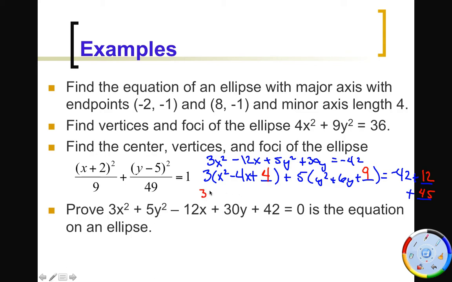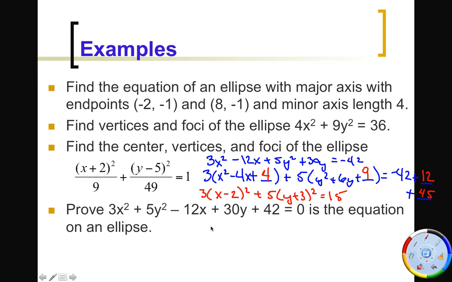Then I can do a little factoring. Simplify this. Negative 42 plus 45 is 3, plus 12 is 15. And then because standard form has a 1 here, we need to divide both sides by 15.